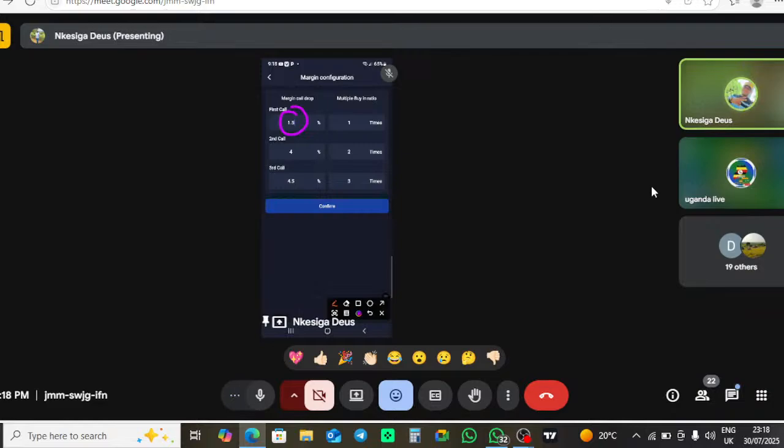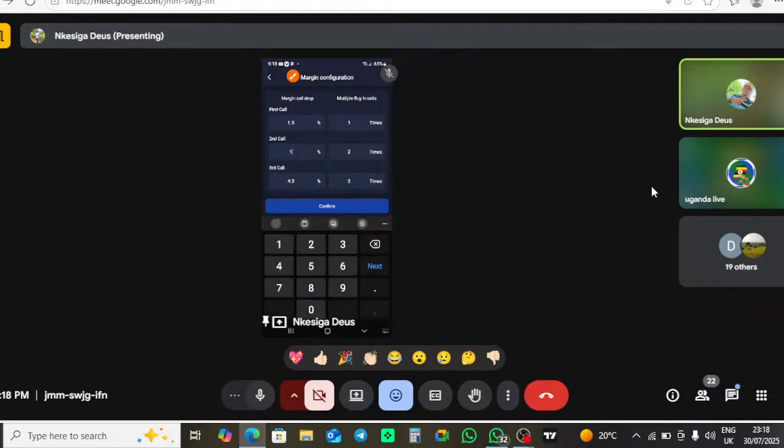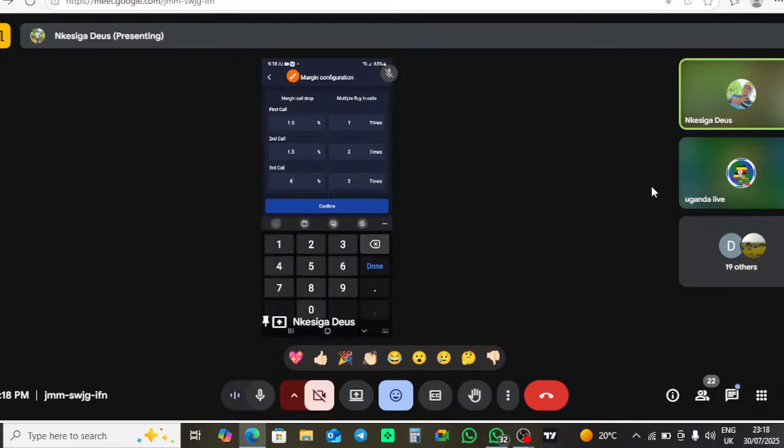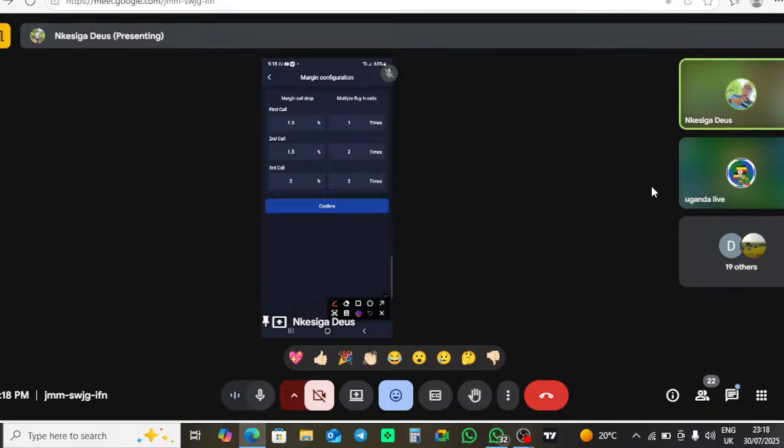Are we together? This means 15. And remember I told you 50. Now, if this one is 15, then I can also have another 15, which will make 30. Meaning, in these two margin calls, I'm covering a 30% drop. Then finally, I can have like 2, meaning 2 is representing 20.